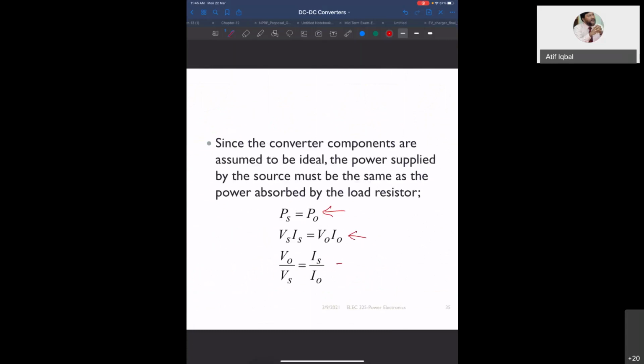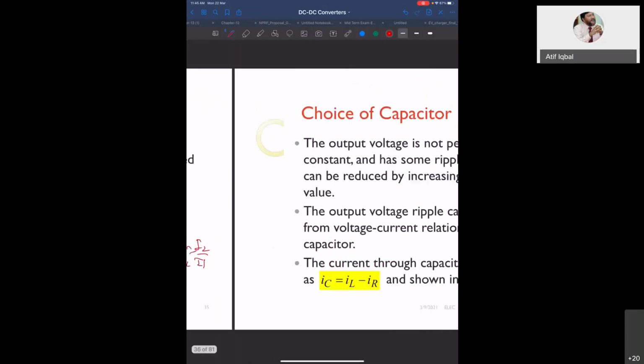So you can see that this is same as the turn ratio of the transformer. If you remember, V1 by V2 is equal to N1 by N2 is equal to I2 by I1. So similar is the case here. This is just like an equivalence of that.